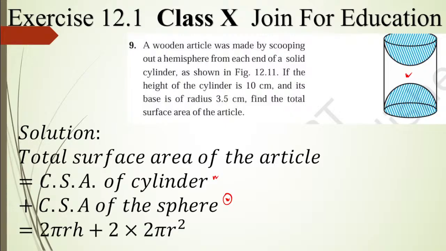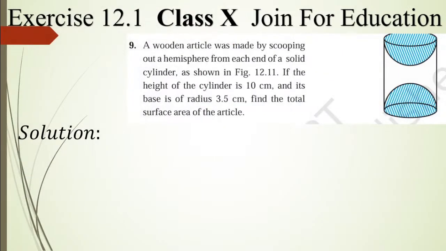So here we recall the formula of CSA of the cylinder is 2 pi rh, and according to the figure we recall the formula of hemisphere, which is 2 pi r square. We have two hemispheres in this figure, this is the first and this is the second. So here will be 2 pi rh plus 2 pi r square into 2.